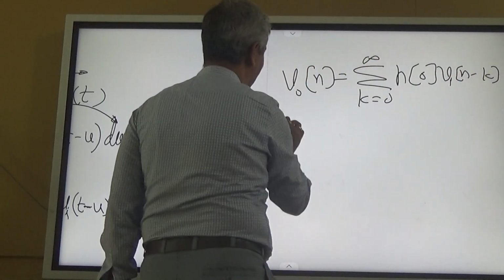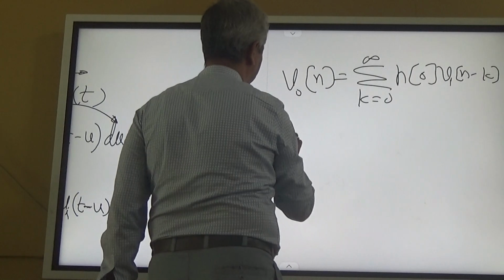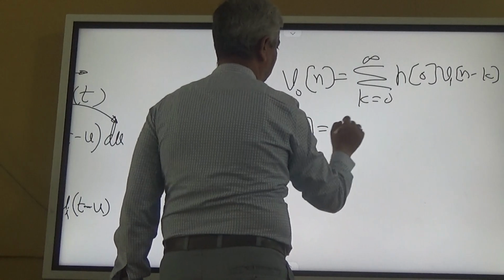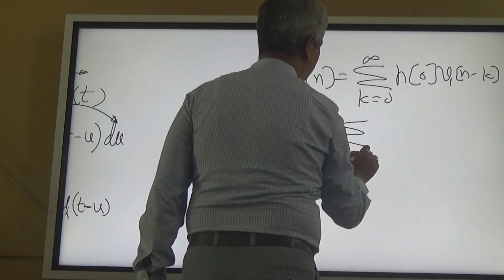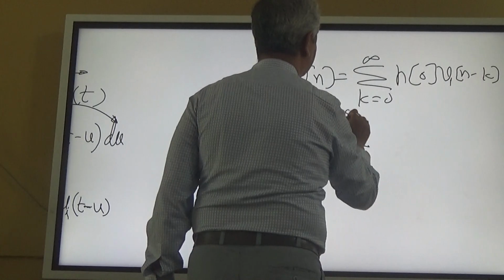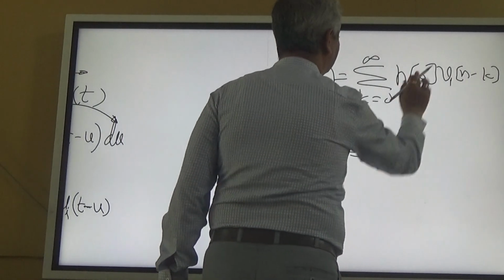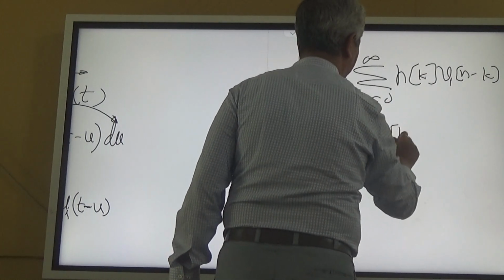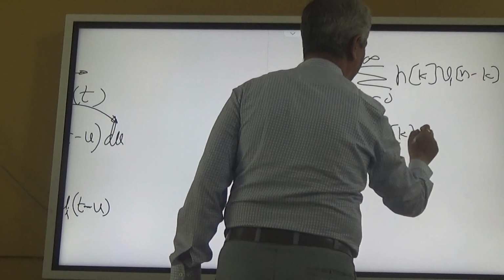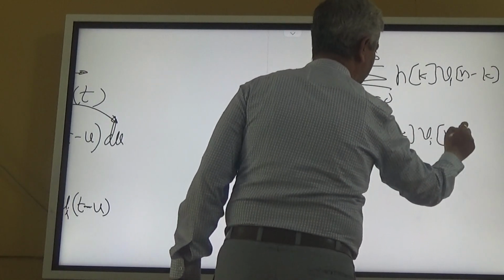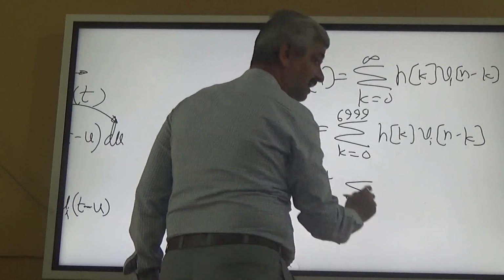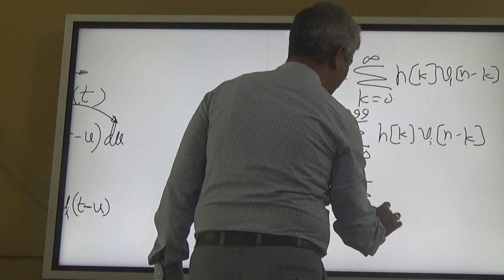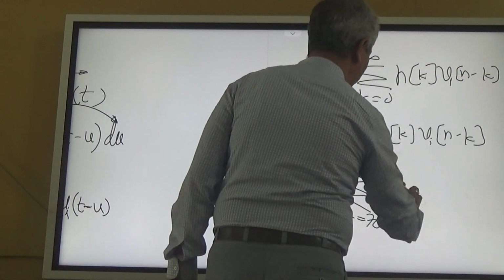This I can divide as the sum for k equal to 0 till 6999, plus the sum for k equal to 7,000 till infinity.